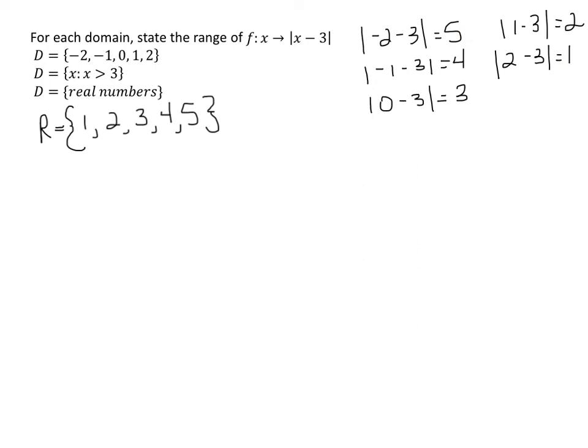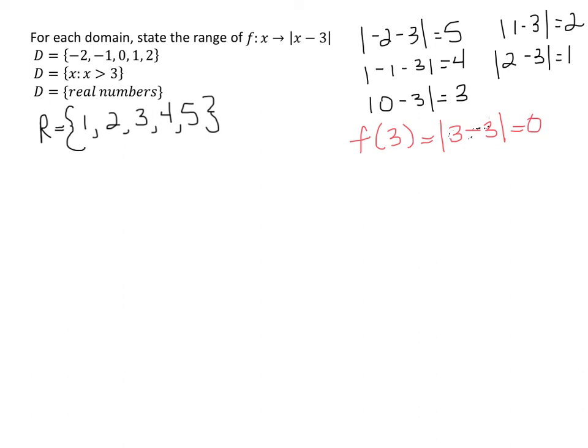Now on the next problem, if my domain is all values greater than 3, what will my range be? Well, for this, what I did was I actually plugged in f of 3. I guess I could put 3 minus 3. And I get 0.